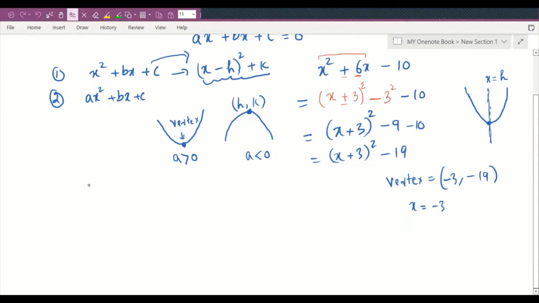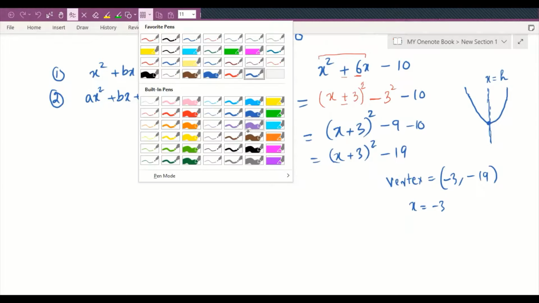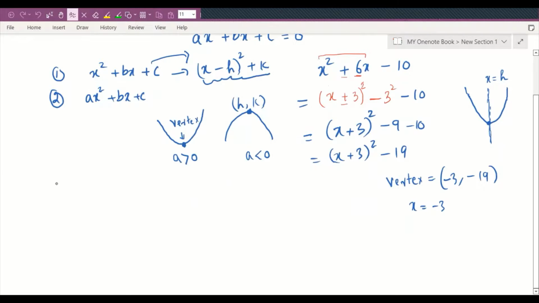Let's take an example. If we have 2x squared plus 10x minus 3, we are asked to complete the square. This is the second case, where the coefficient of x squared is other than 1, which is 2 now.